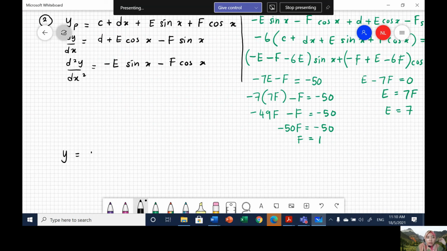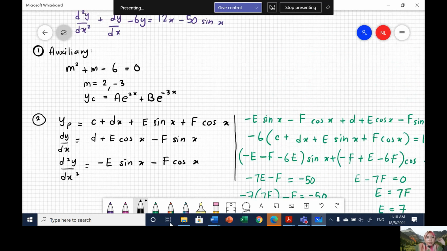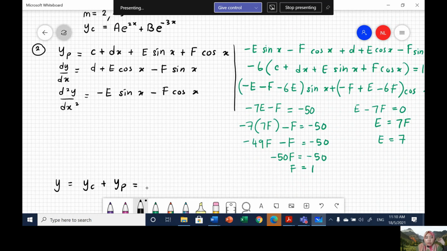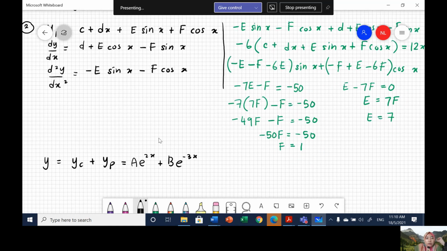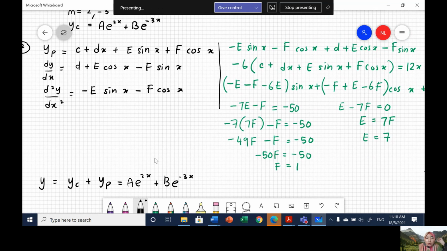Okay, so Y is YC plus YP. So what is your YC? We have A e^2x. YP, we write down first, C plus Dx plus E sin x plus F cos x.